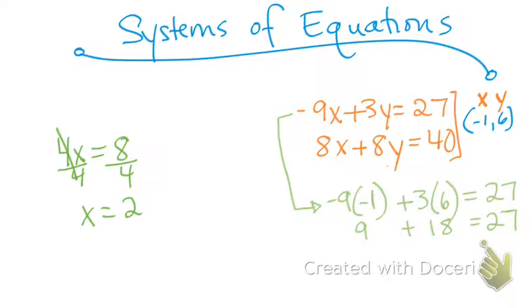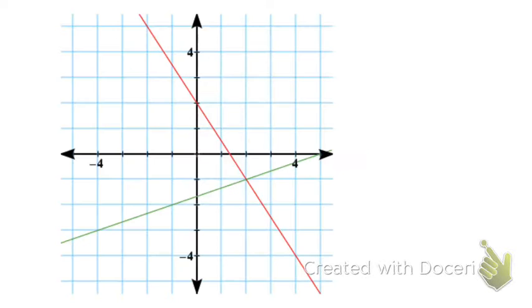And if I substituted it into the x and y in the second equation, we would see it's true for that one as well. So one of the ways you can solve a system of equations is by graphing. So the red line here is made up of points where these points represent solutions to this red equation.